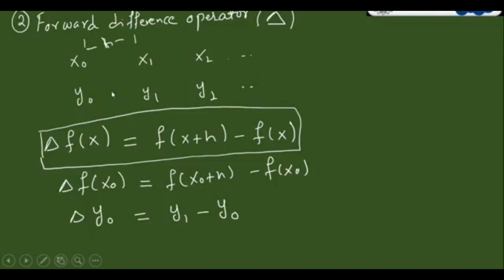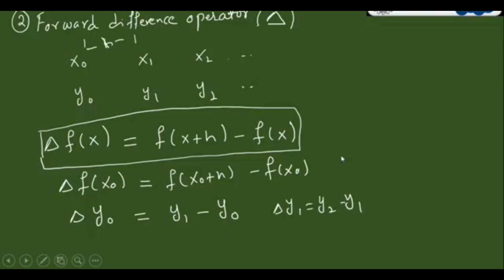Simple. For example, delta of y1 is nothing but y2 minus y1. So this is the operator, but it is forward, so it means we have to compute the difference with the value which is ahead of it.